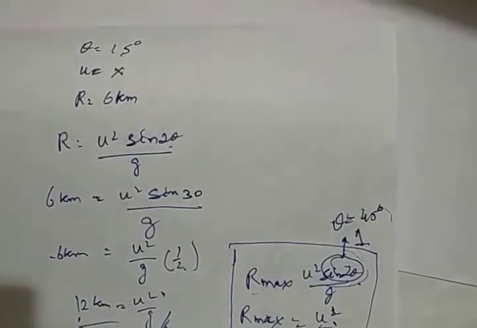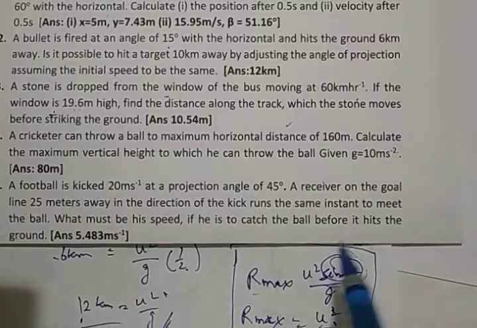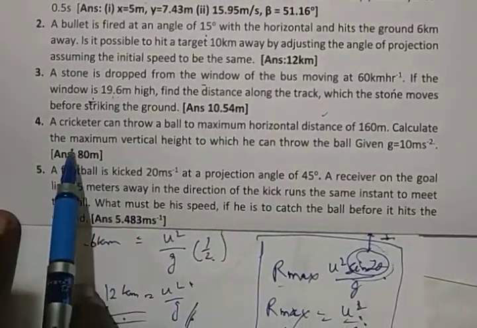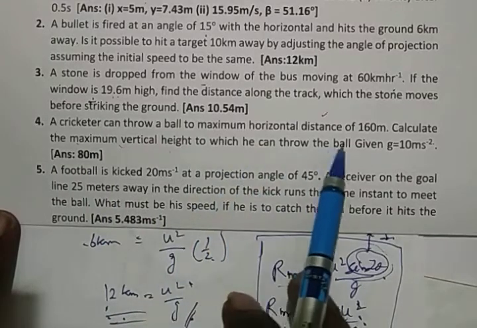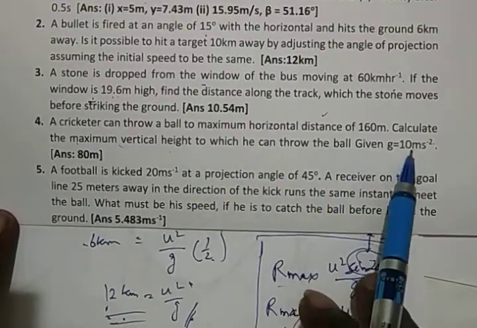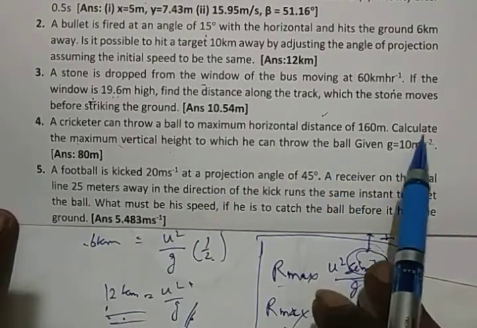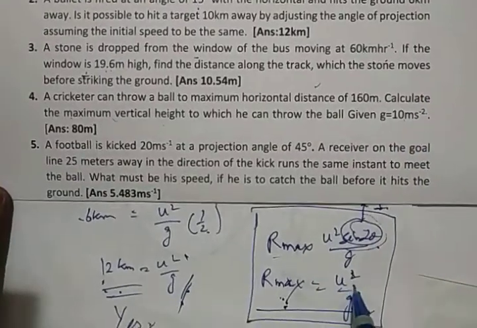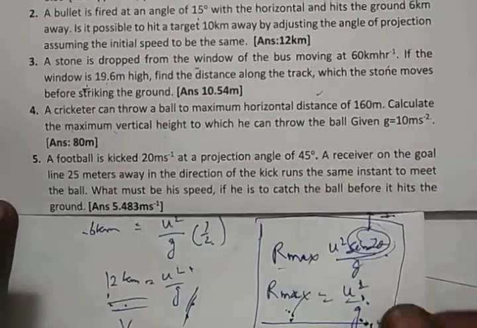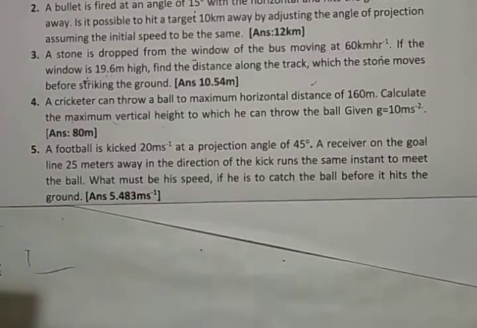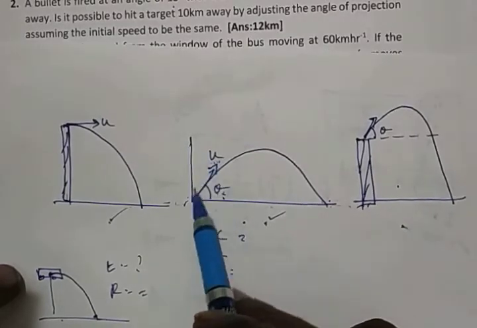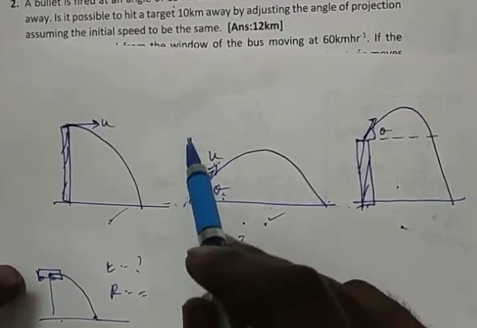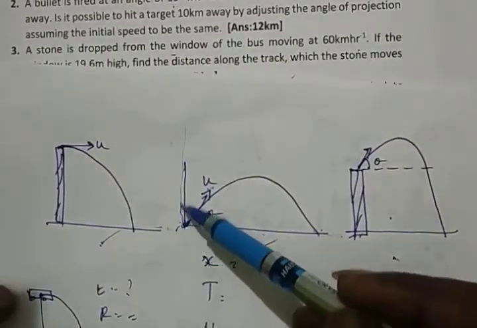Once you got this value, calculate the maximum vertical height to which he can throw the ball, and given g is equal to 10 meter per second squared. It's already given here. So you find out u, and then it is asked with that same velocity. With that velocity, he is tossing it straight up.